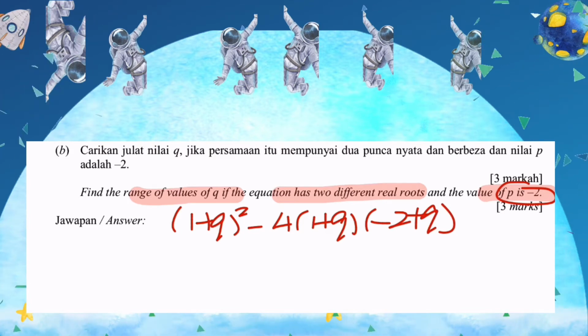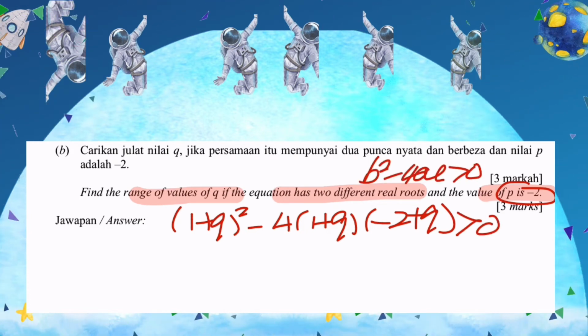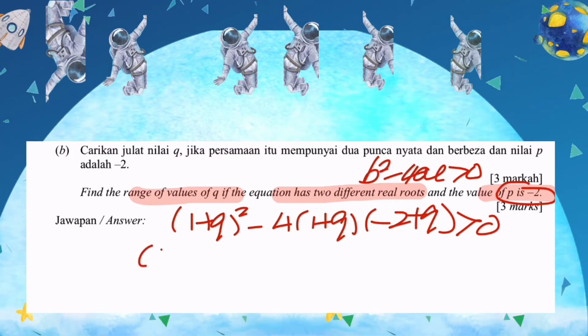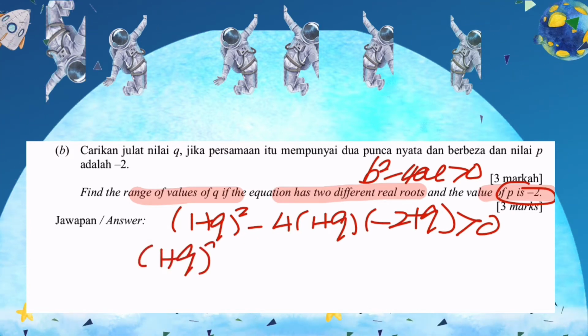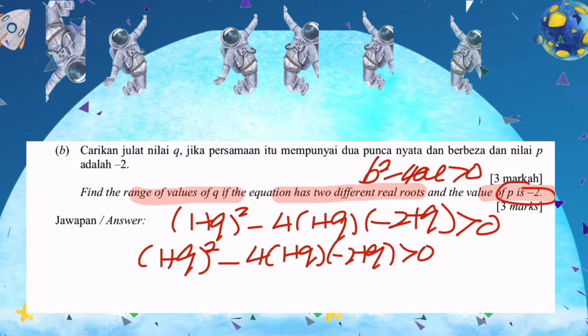So b squared minus 4ac, I have substituted p as -2 inside the c, which is -2 plus q. Now let's expand carefully. I think we focus on this one first. (1 plus q) multiplied by (-2 plus q) more than 0.